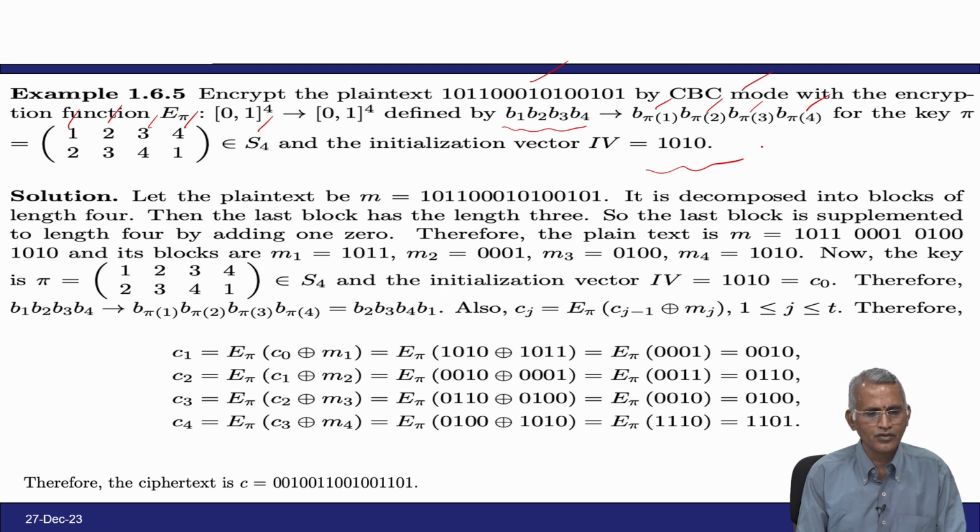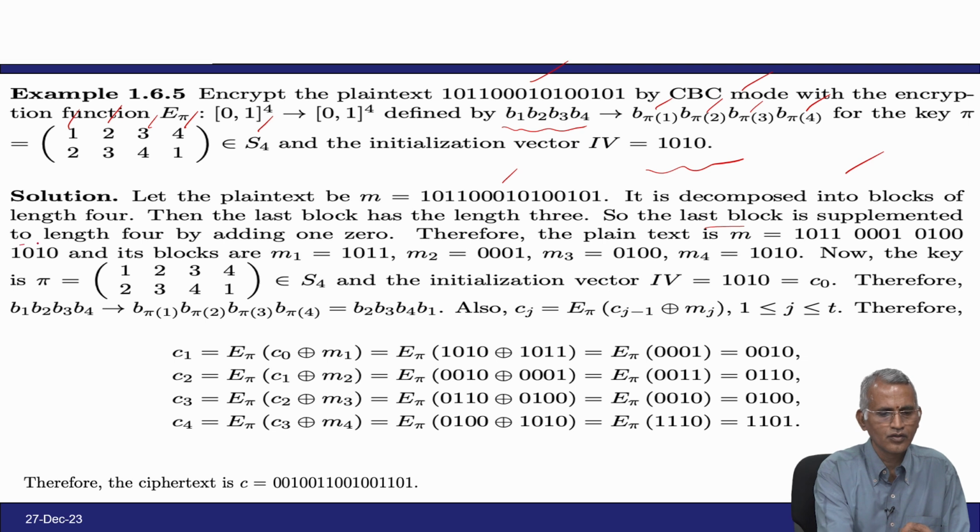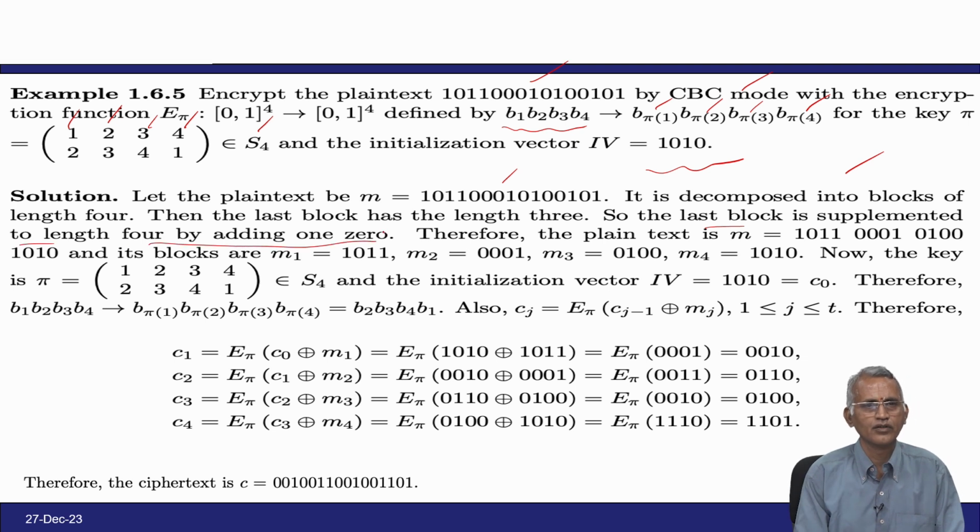Now, what you have to do is, the solution is you take the plain text that is given. Therefore, let the plain text be m equal to 1011 000 100 101. Now, it is decomposed into blocks of length 4. The last block has a length 3. Therefore, the last block is supplemented to length 4 by adding a 0.